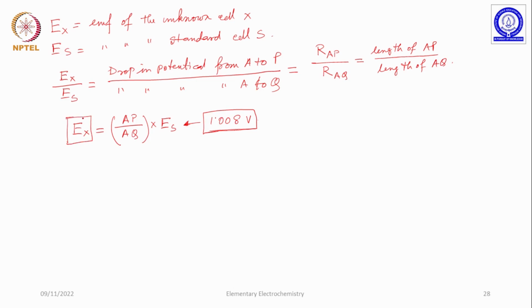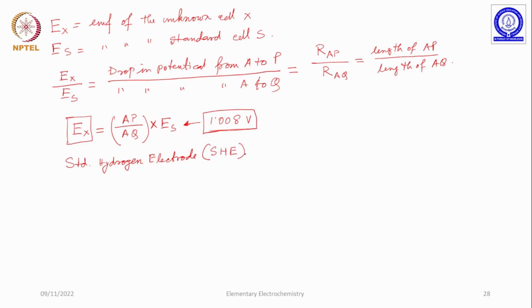So, at this point I must indicate that to have a standard cell, one has to define something as 0. So, to define something as 0, what we use is called the standard hydrogen electrode. In short, it is written as SHE.